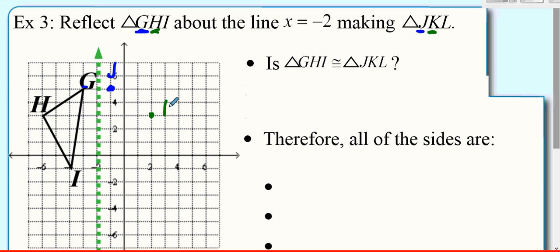That's K. And then last, we've got I goes to L. 2 spaces to the left, 2 spaces to the right. And you can draw that triangle.